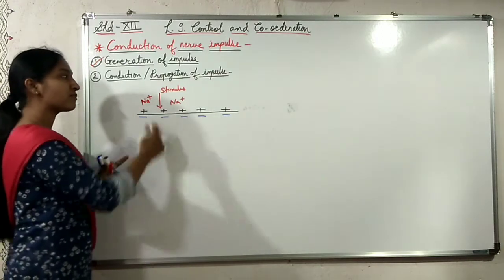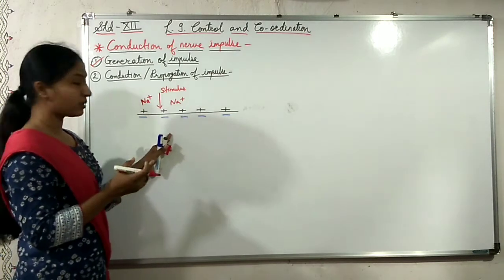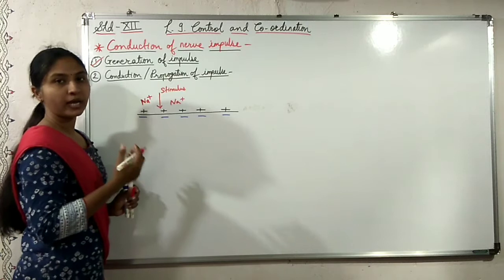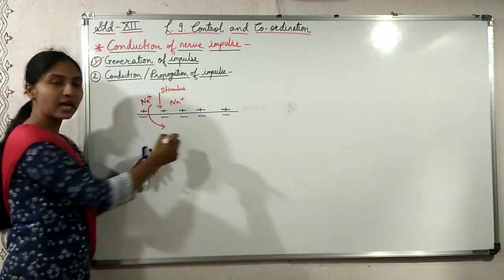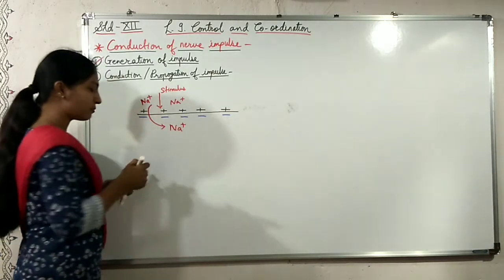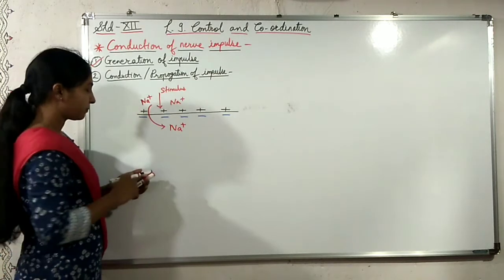As we said, if the stimulus is given to the membrane, the sodium channel gates open, and these sodium ions move inside the neuroplasm, and as they move inside, the charges also change.